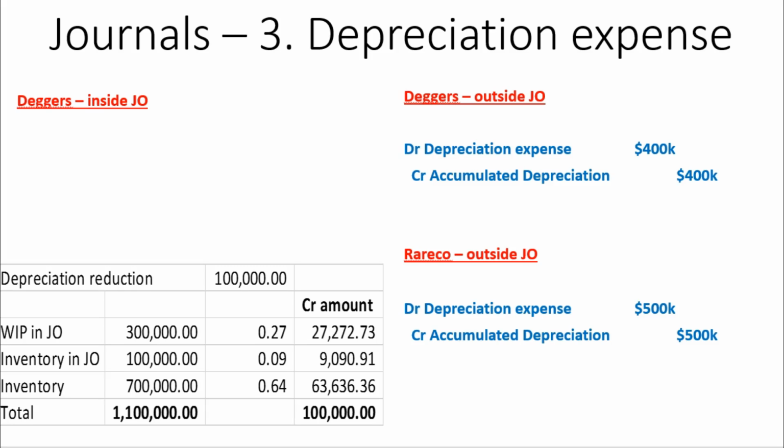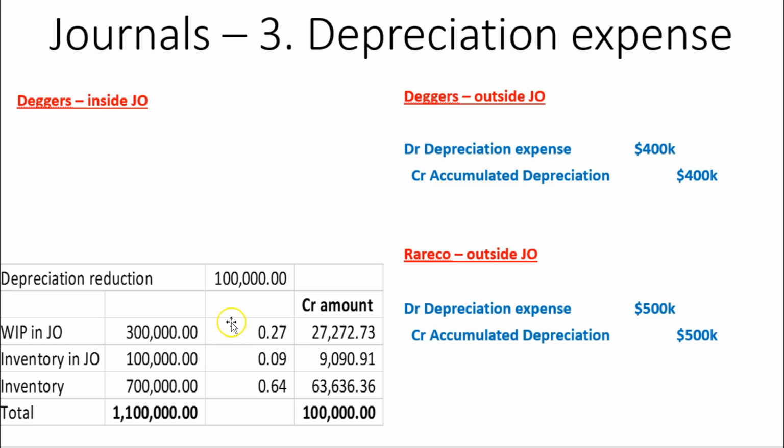So the way we actually calculate how much we need to reduce these accounts by, I've put into this table down here. Now, when I add up Deggers Limited's share of WIP in the joint operation, its inventory in the joint operation, and its inventory distributed outside, this comes to a total of $1.1 million worth of inventory.